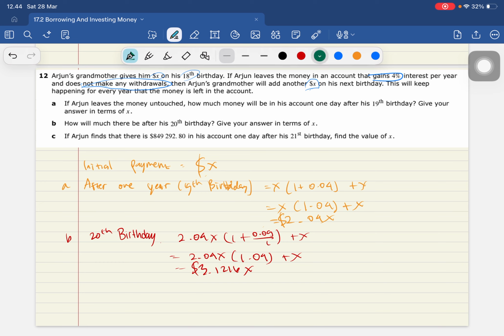Next, for C, if Arjun finds that there is this money in his account one day after his 21st birthday, find the value of X.